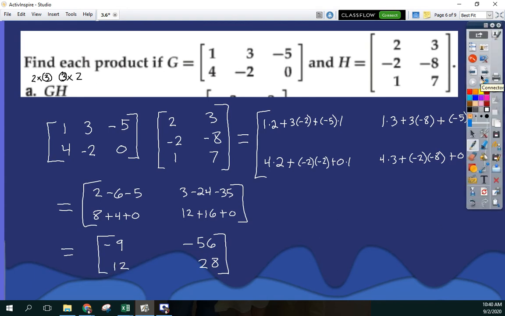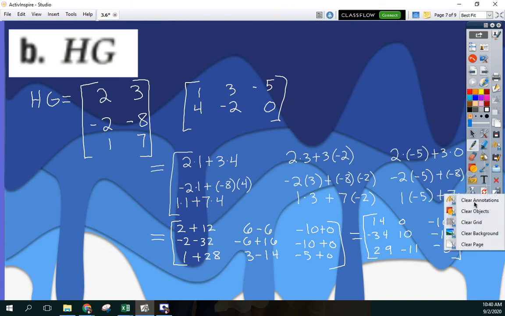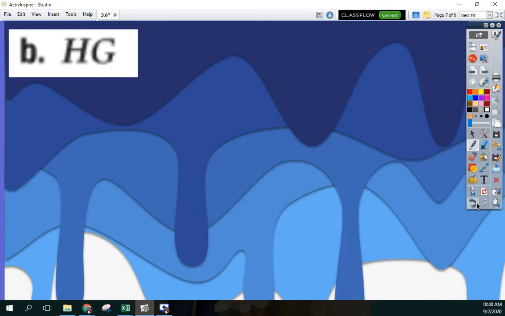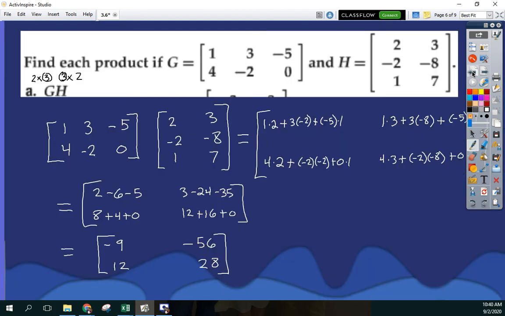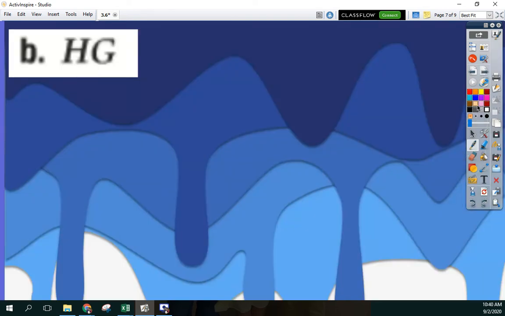So now, let's look at our next example. Oops, let's clear that off. So this time I'm wanting to do H times G. So notice that on our first one, we did G times H. This time we're wanting to do H times G. And again, we do need to check our dimensions.